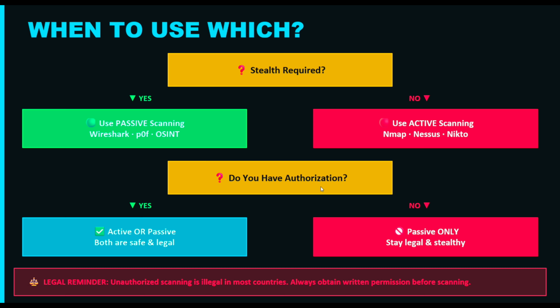And do you have authorization? If you don't have authorization, don't use active scanning. Use active scanning only when you have permission from an organization or the authority to scan that network. In that case you can use active scanning, or passive scanning also. But we mostly prefer active scanning because it gives accurate results.